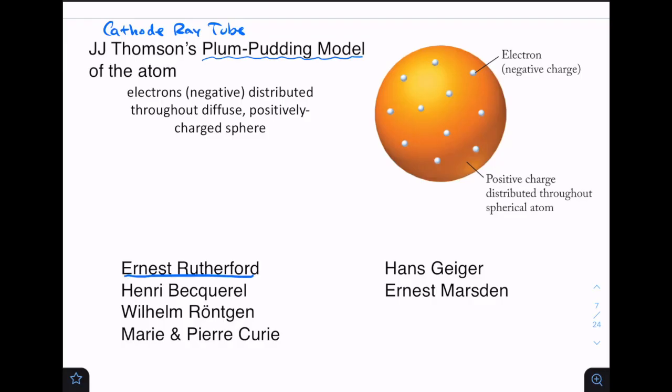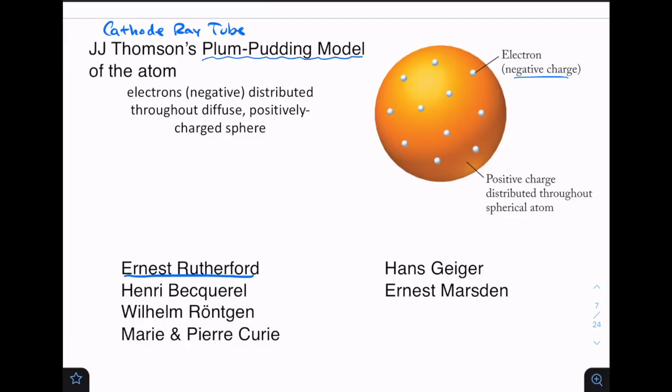His model was building off of Dalton's model of this sphere of just stuff that was neutral. There was nothing in it. But now he has evidence for electrons. And the electrons have a negative charge, but he didn't know anything else about how those were distributed in the atom. So he just kind of put them randomly throughout the pudding of the atom. And the plums are really like dried up raisins distributed in this pudding.